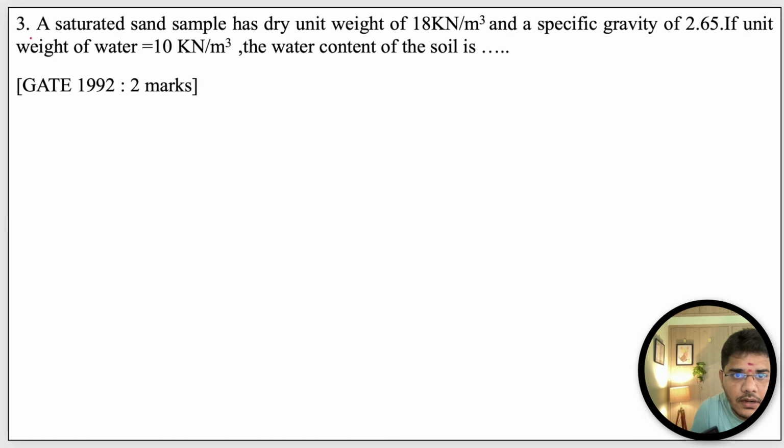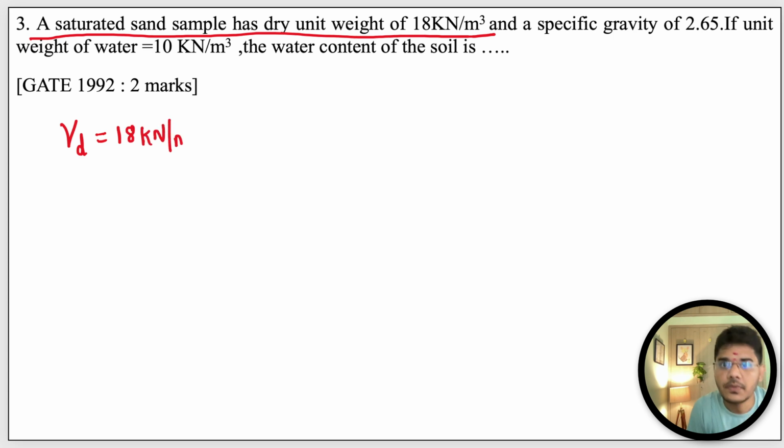A saturated sand sample has dry unit weight of 18 kilonewton per meter cube. So what he has given, gamma d. Let us write gamma d is equal to 18 kilonewton per meter cube, and then a specific gravity of 2.65, so Gs is equal to 2.65.